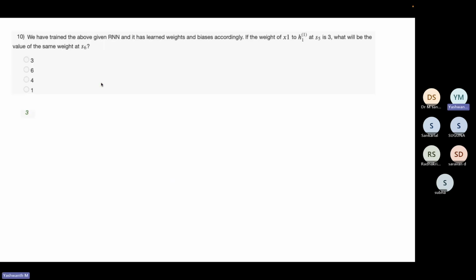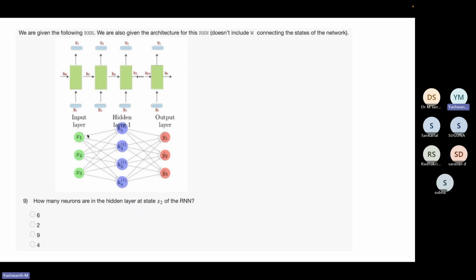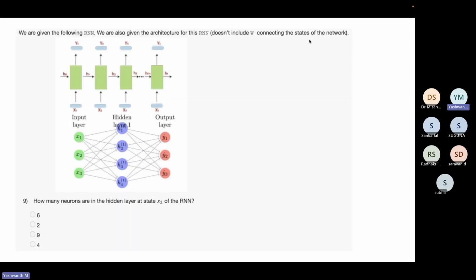Another question. We train this RNN and it has learned some weights. Let's say it has associated a weight x1 to h1, this edge weight, which it has learned to be 3 at S5. At step 5, let us say, it has learned this weight to be 3.